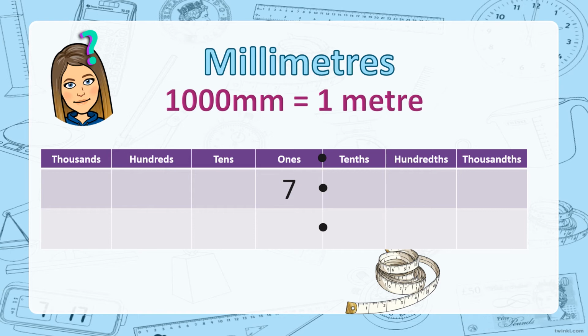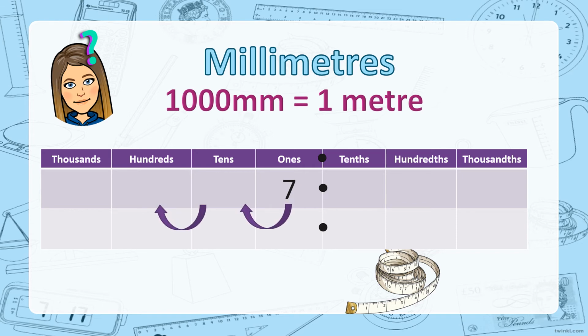But this time we need the number to get bigger. So we need to move the digits to the left. Remember, we need to move them 3 times. So we're moving the digits 3 times to the left to make sure that the number is bigger.